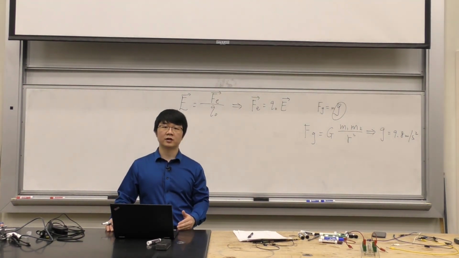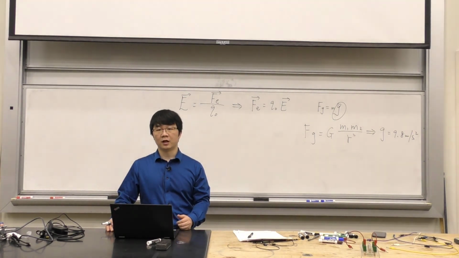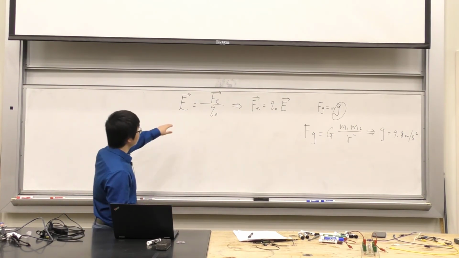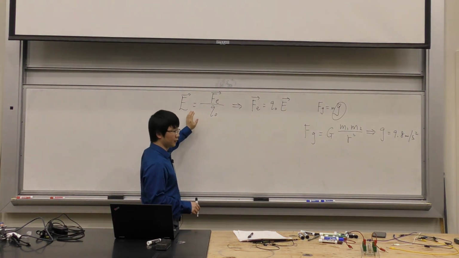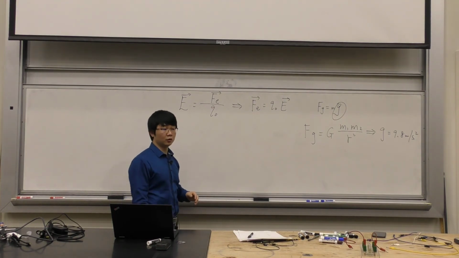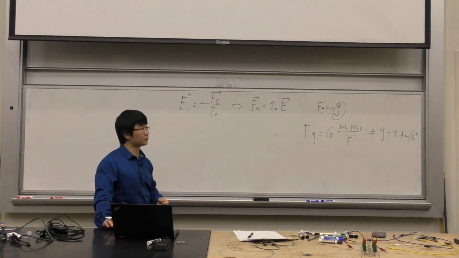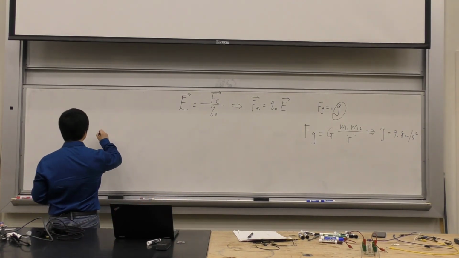Then we're going to generalize it to a group of point charges, and then even a continuous charge distribution, okay? So we're still going to start with this definition and then use Coulomb's law to help us find the theory for the electric field produced by a single point charge. Okay, so let's do that.